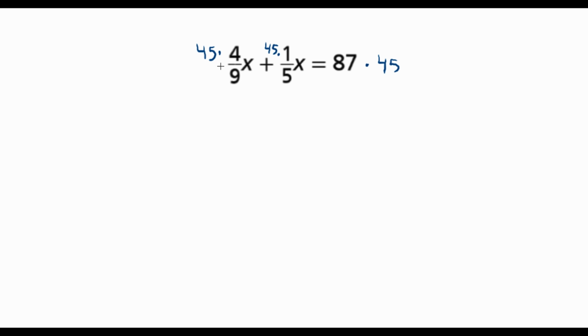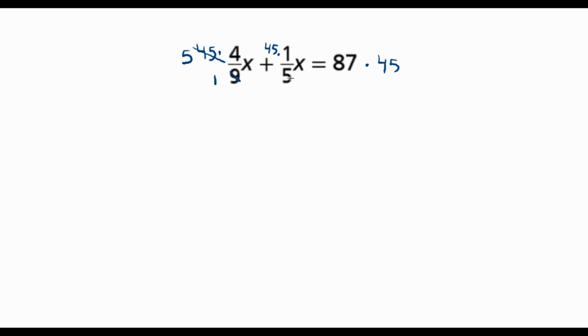And it has to, because 45 is a multiple of 9 and 5. So the answer would be 5. So the 45 becomes a 5, the 9 becomes a 1. So what I'm technically doing is dividing 45 by 9, which will give me 5 over 1.